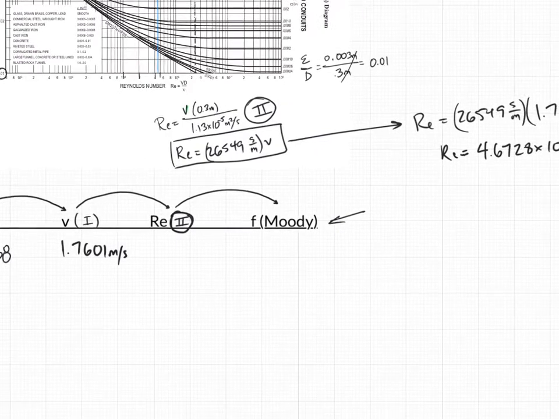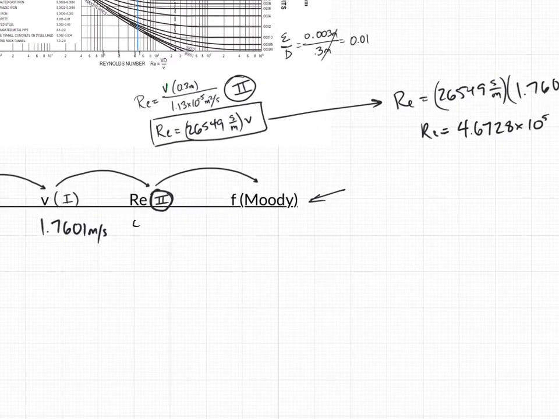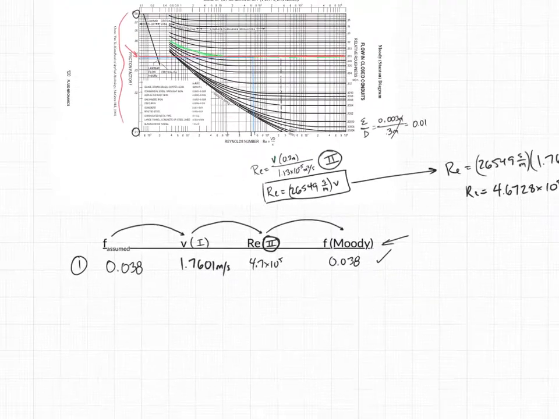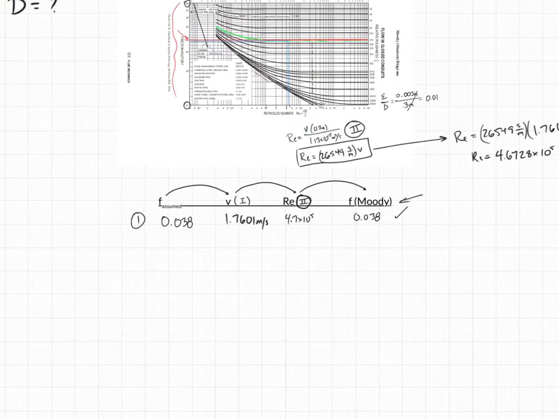Let's put that Reynolds number in there: 4.7 times 10 to the fifth, and I ended up getting 0.038. Notice there will be some play on this, so you're not necessarily going to get it exactly right. Now, what if you had stepped in here and guessed really wrong?